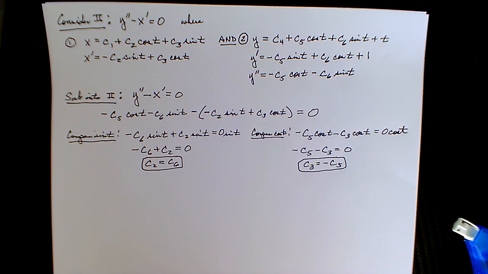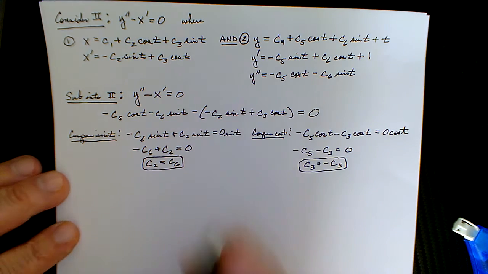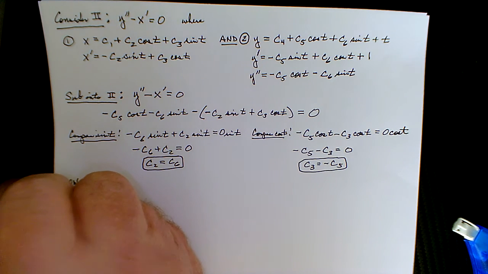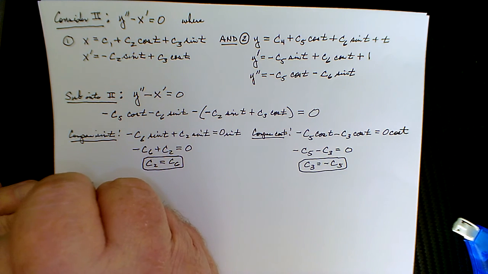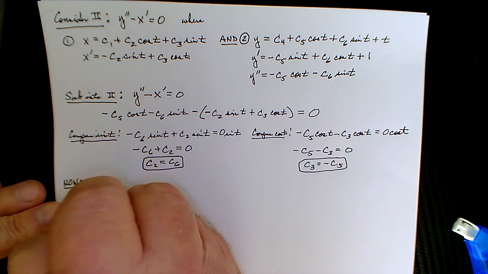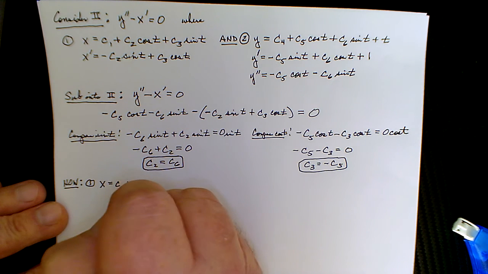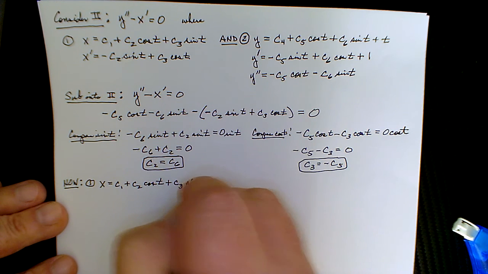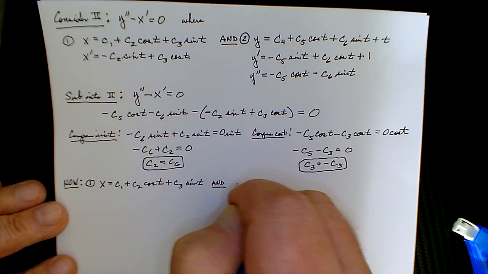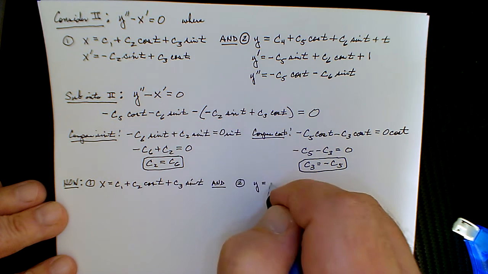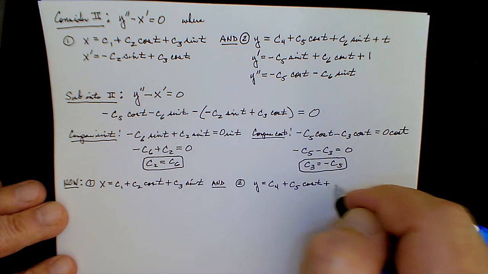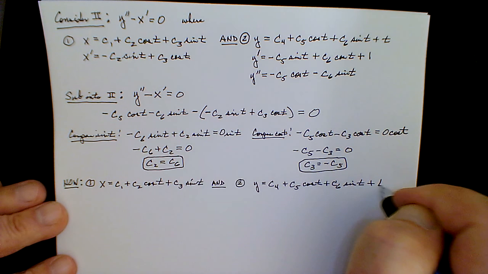And now we'll consider the two solutions where number 1 was x equals C1 plus C2 cosine t plus C3 sine of t, and number 2 was y equals C4 plus C5 cosine t plus C6 sine of t plus t.